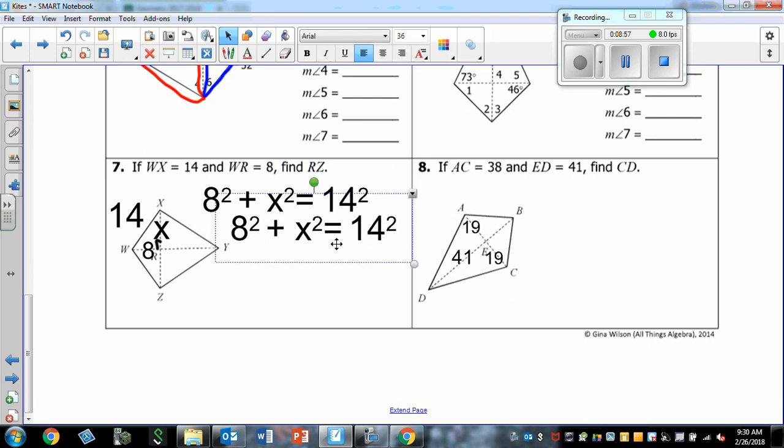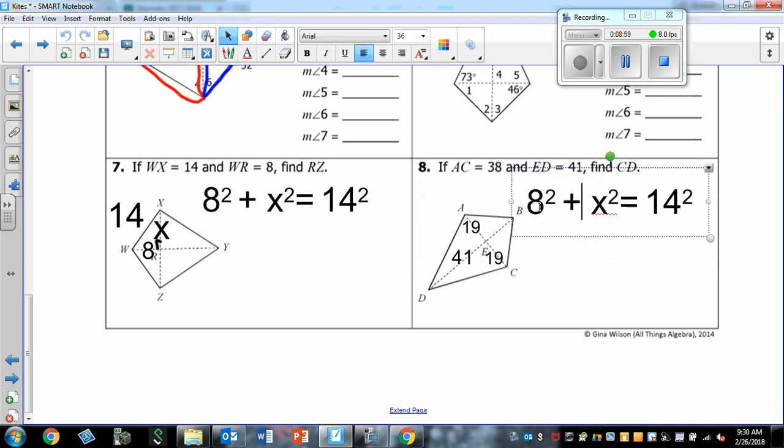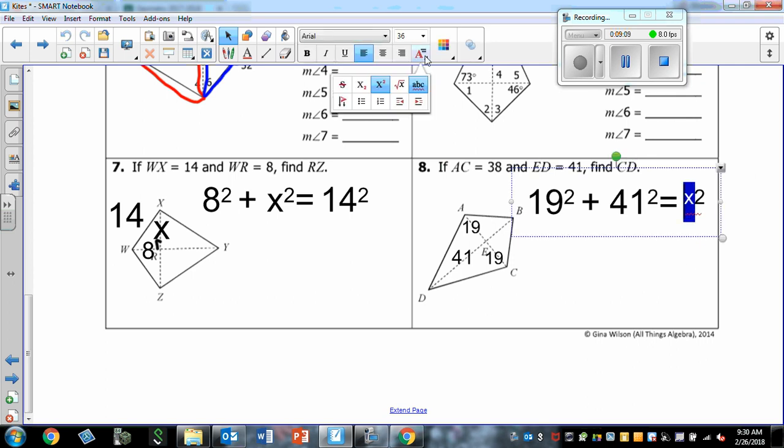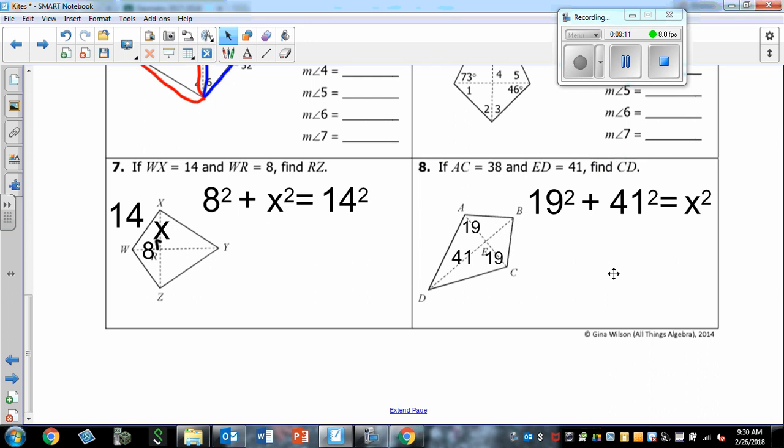So still using Pythagorean theorem. This time I have 19 squared plus 41 squared equals x squared. Because x is that diagonal piece from that right angle. Again, when in doubt, look for the triangles.